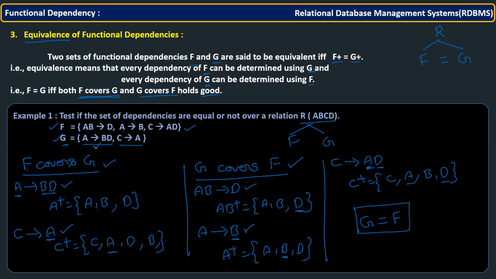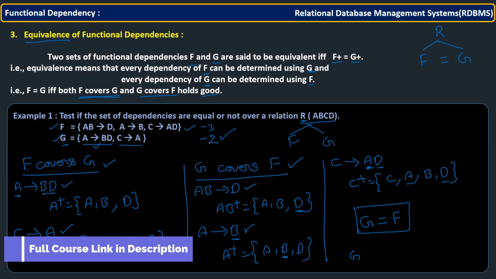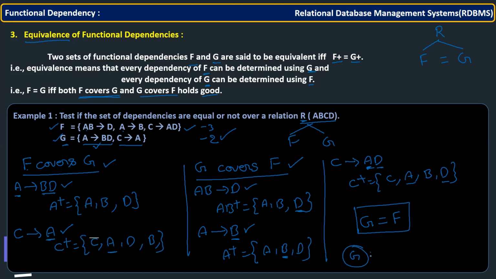A smaller set of FDs is more flexible to implement. Since here 3 FDs are there and here 2 FDs are there, G is the better one, so you can select G because both of them are the same. Whichever you adopt for implementing this relation, F or G, since both are the same, I will go for the set with fewer FDs. So you go for G. With G, you are going to implement relation R.